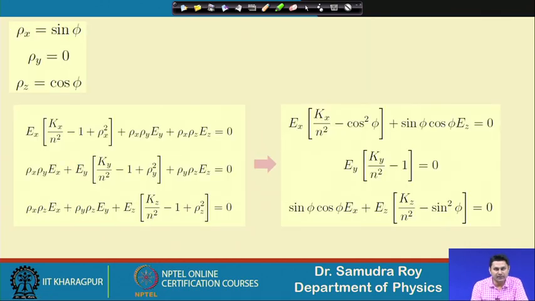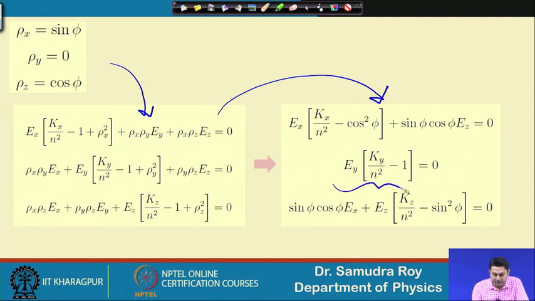If rho x, rho y, rho z is given, then we can use these in our old equation as shown here. This is also an old slide, not a new slide, but I want to recap once again what is happening here. If you put rho x, rho y, rho z into the equation, it is converted to an equation like this, and you find that there are three equations related to E x, E y and E z. One equation here contains only the E x term.